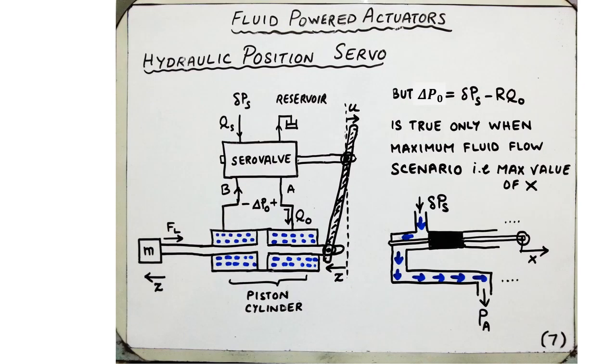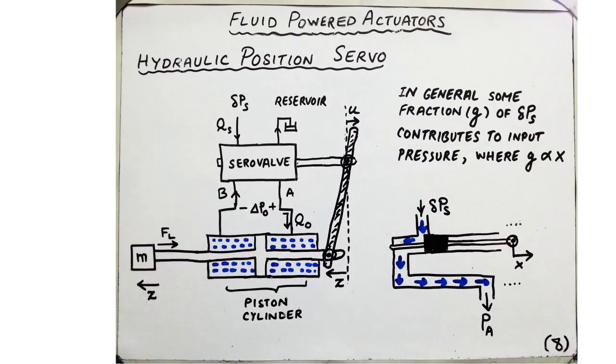But note that this expression, that the fluid pressure difference across the piston cylinder is equal to delta PS minus RQ naught, is true in case of maximum fluid flow, that is for the maximum value of X when the ports are completely unblocked. Therefore, in general, we can say that only a fraction, small g, of the input fluid pressure delta PS will contribute to the pressure delta P naught applied by the fluid across the piston cylinder.